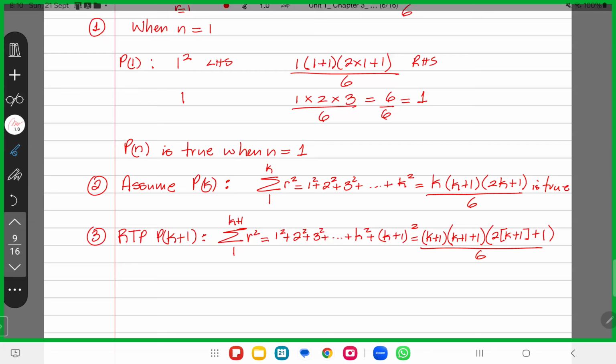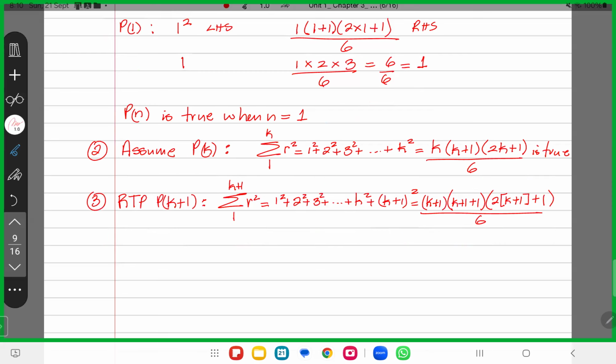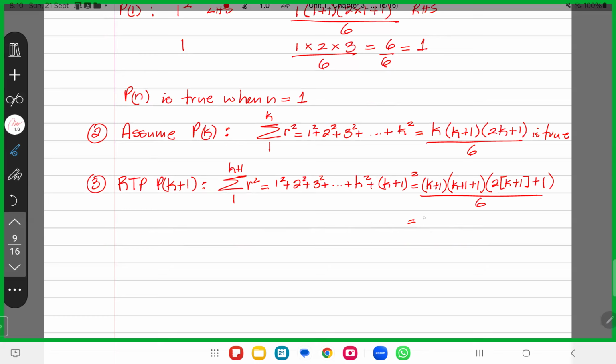We need to simplify the right-hand side. To make life easier, k+1 stays, and this is k+2. Over to the right, we have what? 2k+2, distributive law, plus 1. This is still over 6.